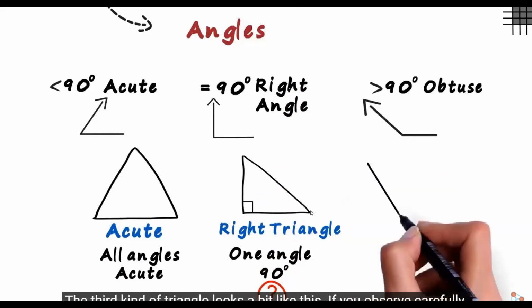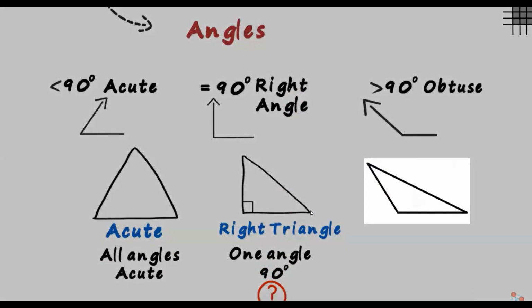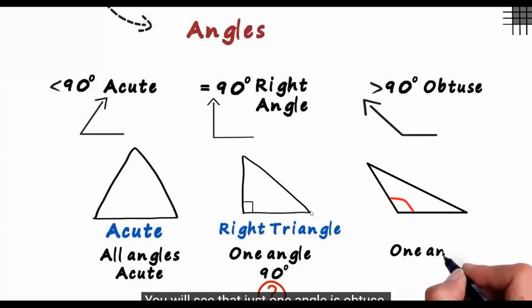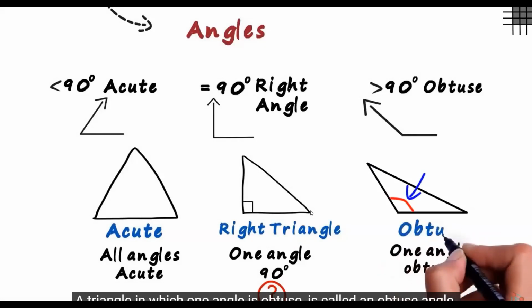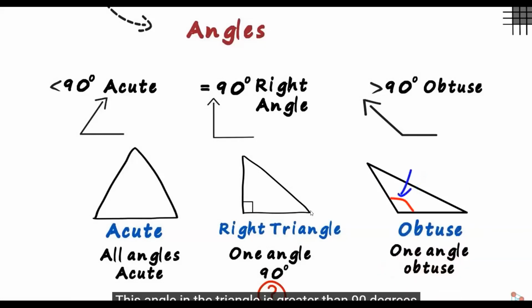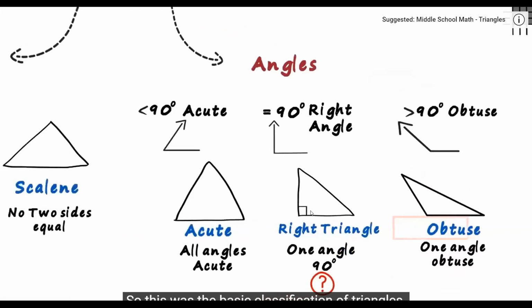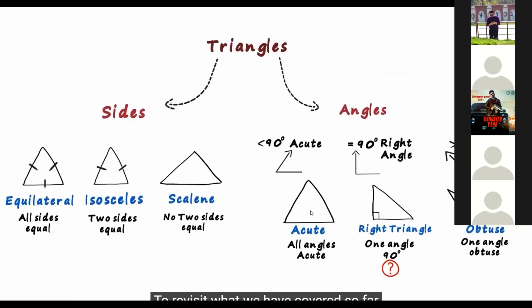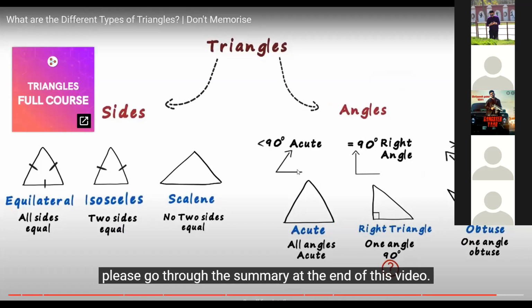The third kind of triangle looks a bit like this. If you observe carefully, you will see that just one angle is obtuse. A triangle in which one angle is obtuse is called an obtuse angled triangle. This angle in the triangle is greater than 90 degrees, which makes it obtuse. So this was the basic classification of triangles. To revisit what we have covered so far, please go through the summary at the end of this video.